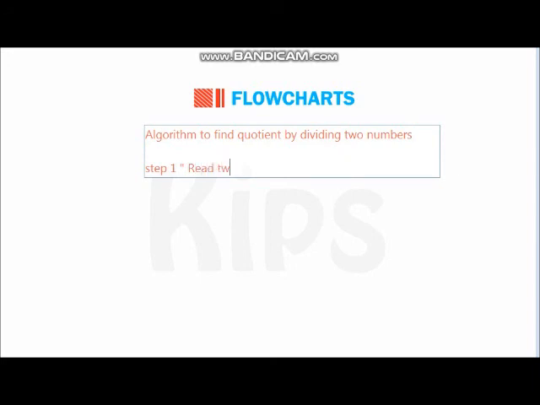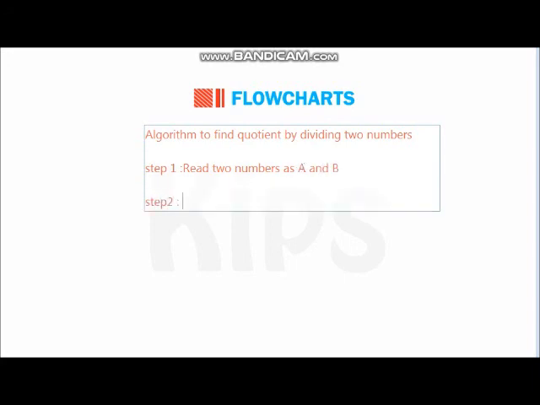Read two numbers as A and B. Step 2. What will be our step 2? We will be dividing.